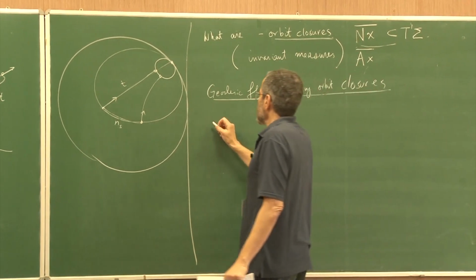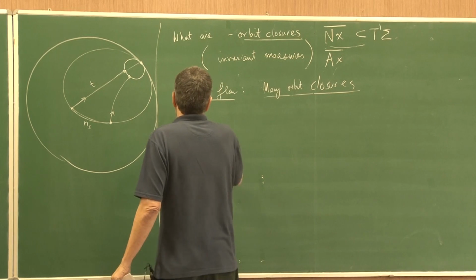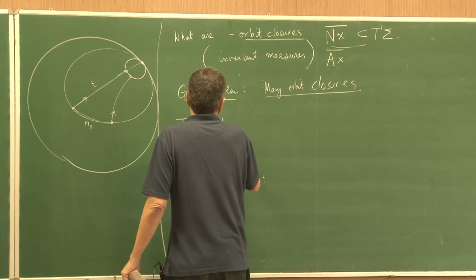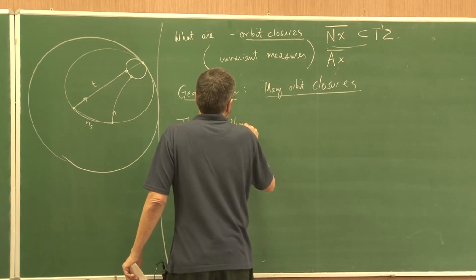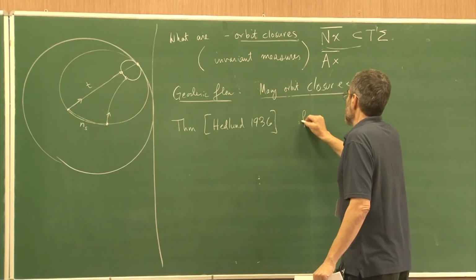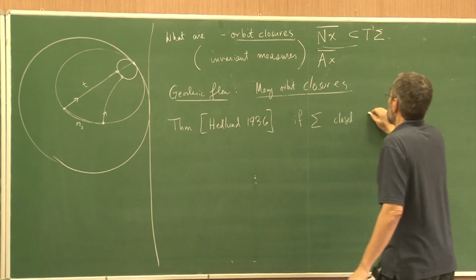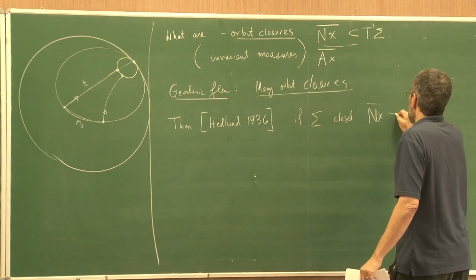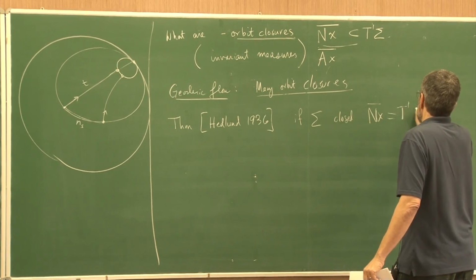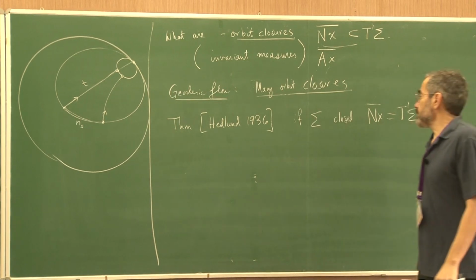And on the other hand, for the horocycle flow, the opposite is true. So this maybe starts off with a theorem of Hedlund in 1936, which says that if sigma is closed, then the closure of the orbit nx is always equal to the full thing. So in other words, all orbits of the horocycle flow are dense.